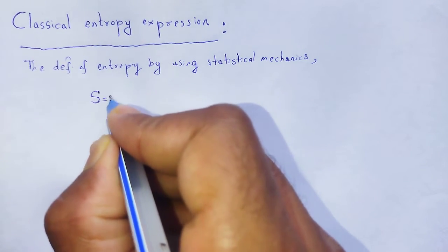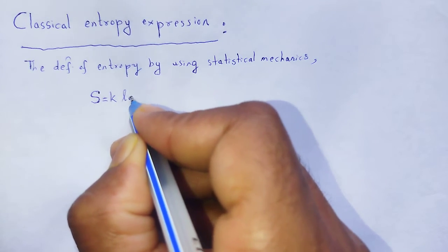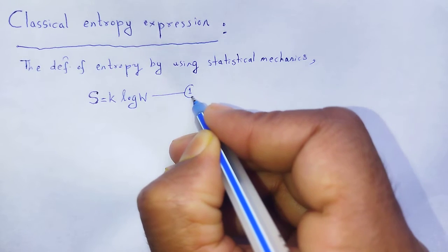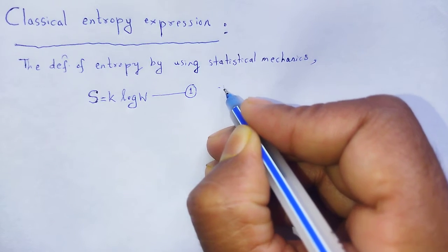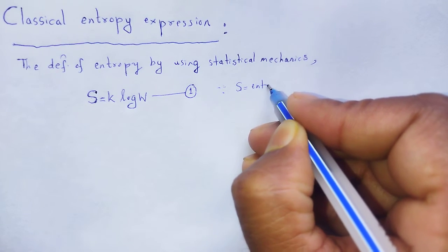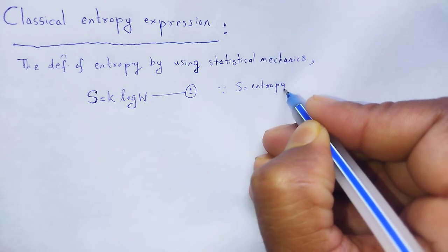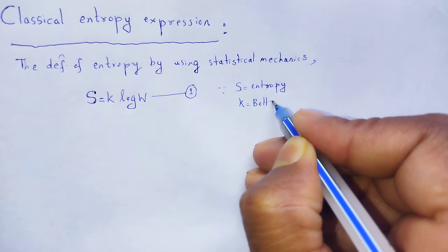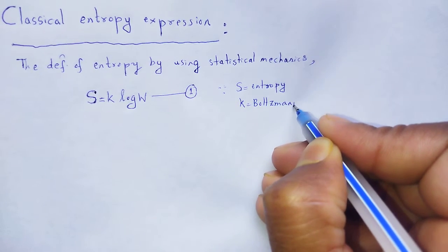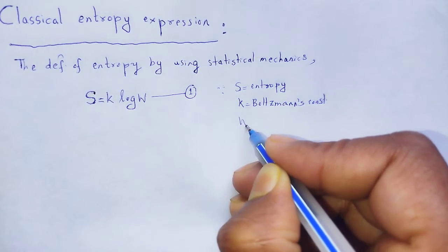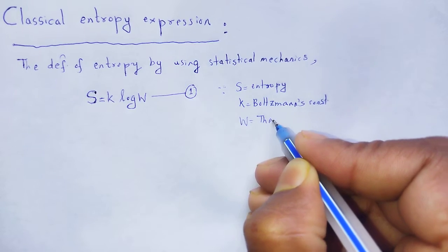S is equal to k log W. S is the entropy, k is Boltzmann's constant, W is thermodynamic probability.